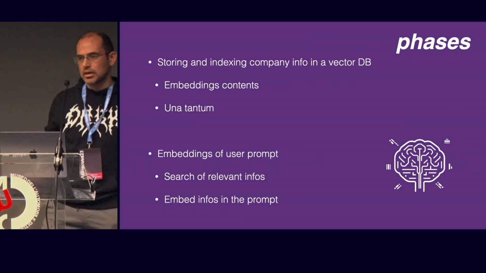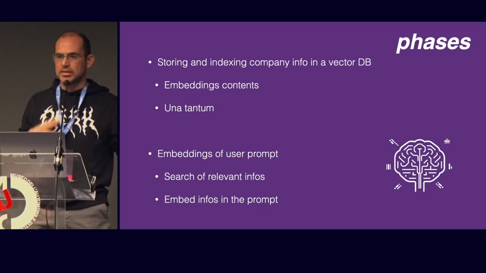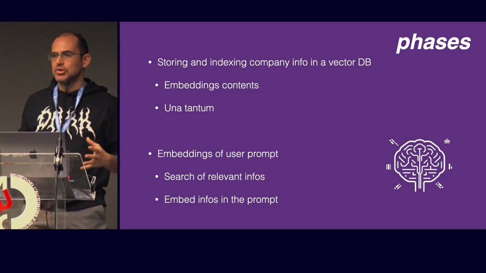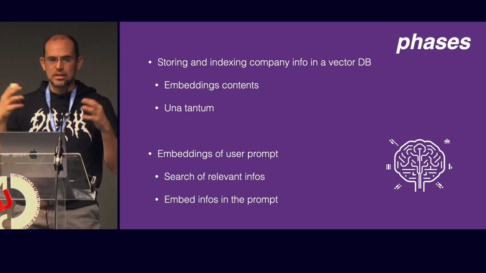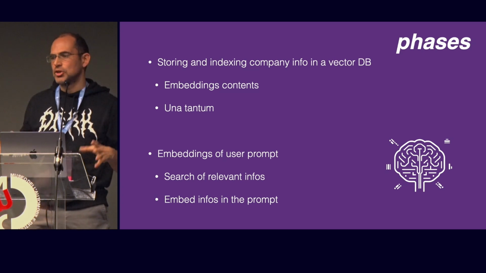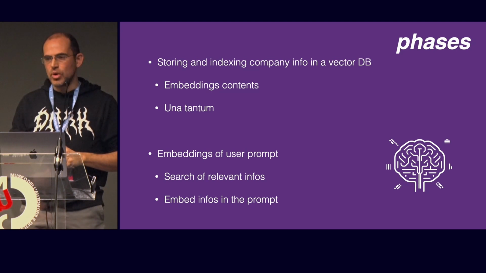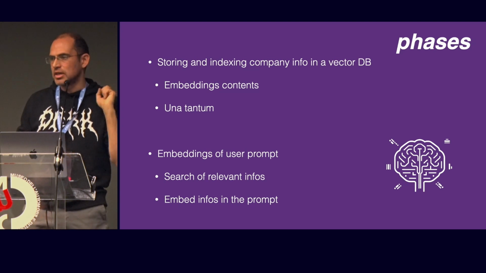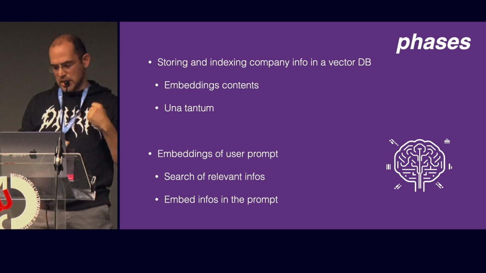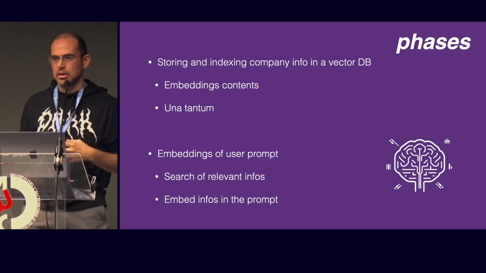Okay, there are two phases working with RAG. One phase is to feed our database with the information that we have, so our memory. In this way, we have to take every recipe and create an embedding from it. How do you create an embedding?